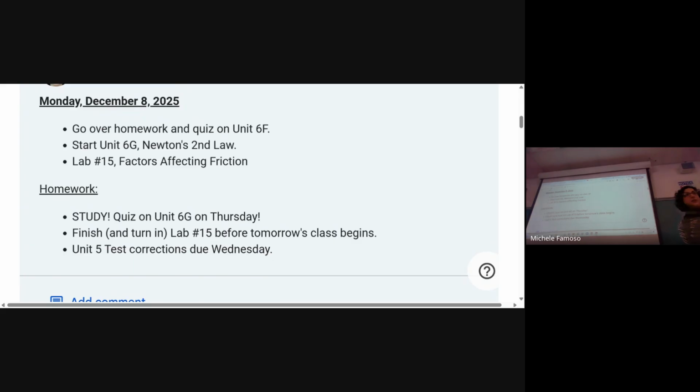Once you're back from break, please clear your desk of everything except your Chromebook. And you can open up to Lab 15, which is posted in Google Classroom.